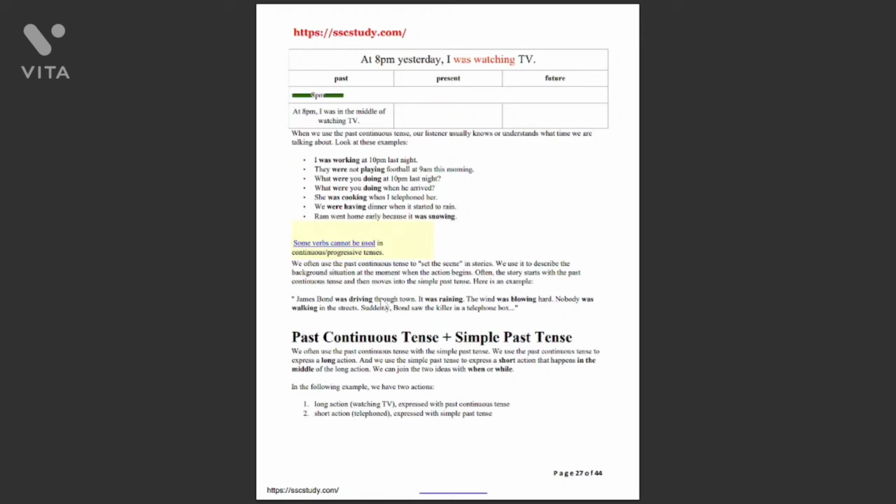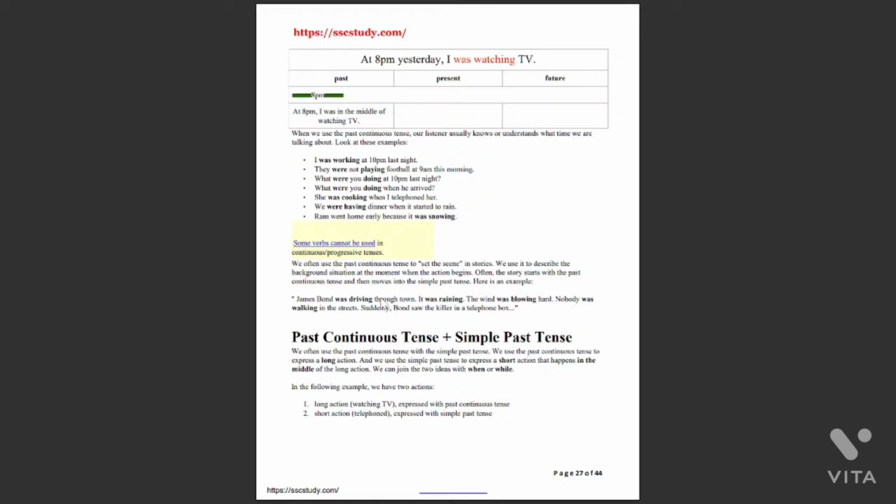Like, James Bond was driving through town. It was raining. The wind was blowing hard. Nobody was walking in the streets. Suddenly Bond saw the killer in a telephone box. So we often use the past continuous tense with the simple past tense.